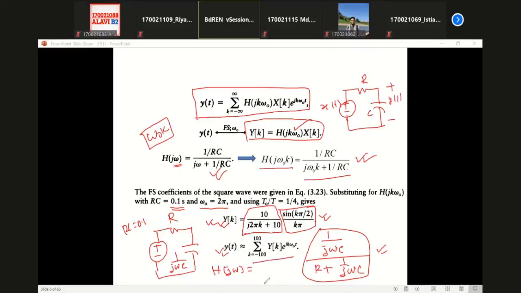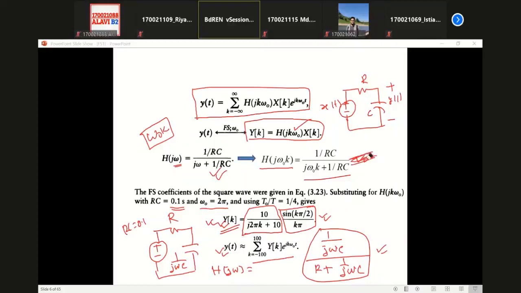Now, if you want to use a computer or a hand calculator to solve this problem, we cannot go, for example, from k equal to minus infinity to infinity. We have to sum a finite number of terms. You can easily see that if we plot the magnitude of xk and this yk, the magnitude is a decreasing function of k. Yes, sir.